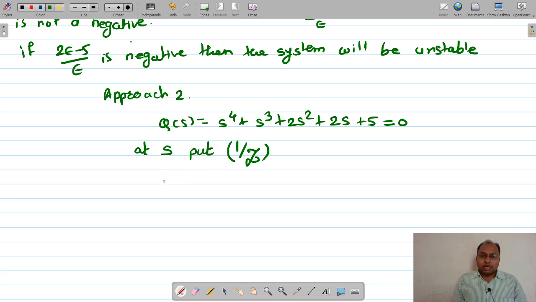So s raised to 4 is nothing but 1 by z raised to 4 plus 1 by z cube. Wherever there is s, you are putting 1 by z.